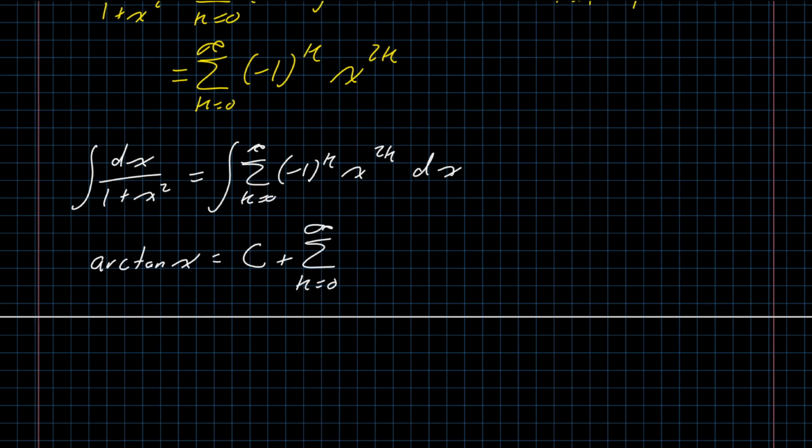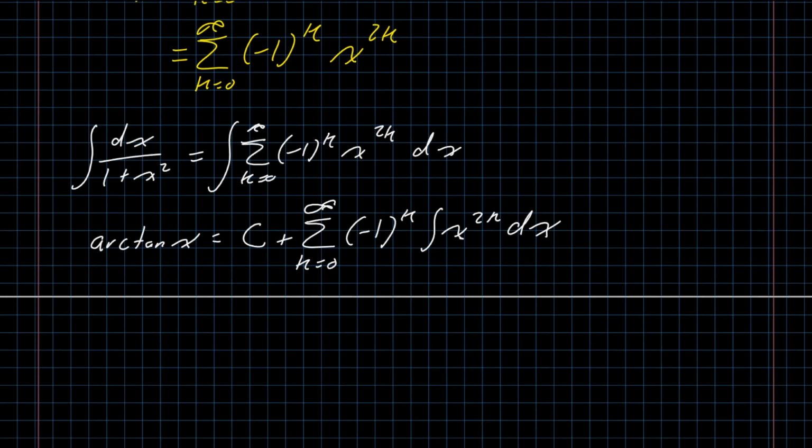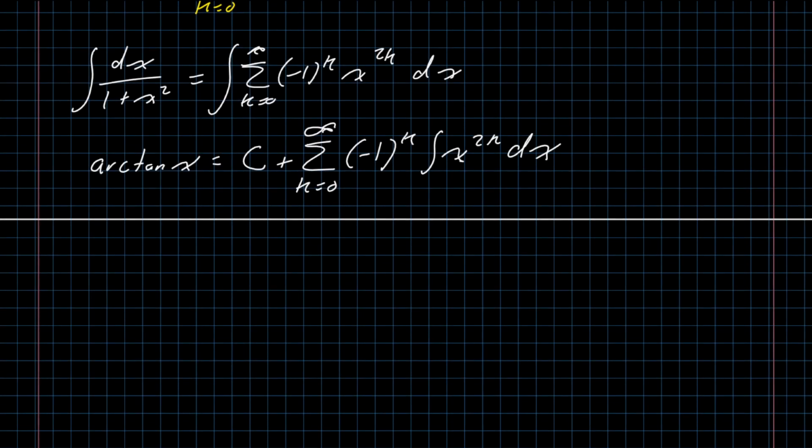But I can bring that integral inside the summation as long as I'm assuming that x is less than 1. And I can bring that negative 1 to the k out, because as far as x is concerned, k is a constant. So I'm looking at the integral of x to the 2k dx. And that's a fairly easy integral to evaluate.